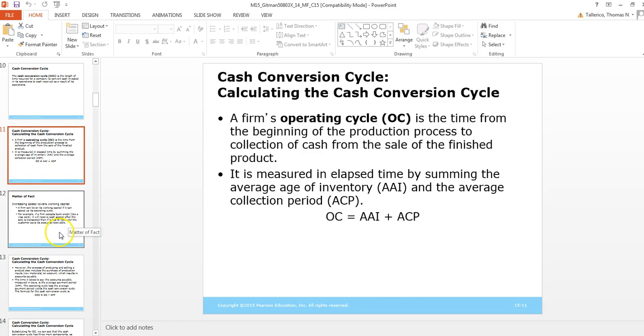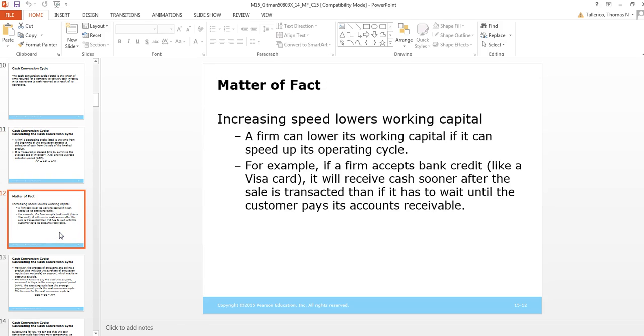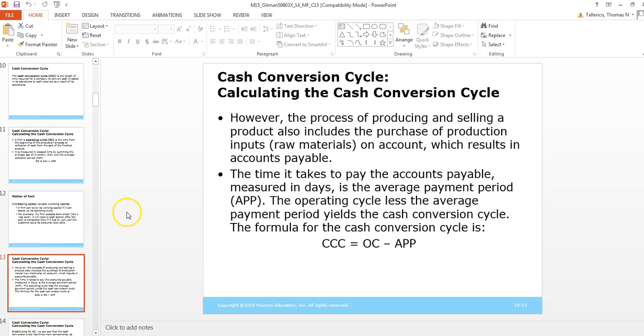I'm going to skip slide 12 and go to slide 13. The big equation we're going to look at now is that the cash conversion cycle is the operating cycle minus the average payment period, which is how long it takes to pay what you owe. This is the big equation that you really have to know.